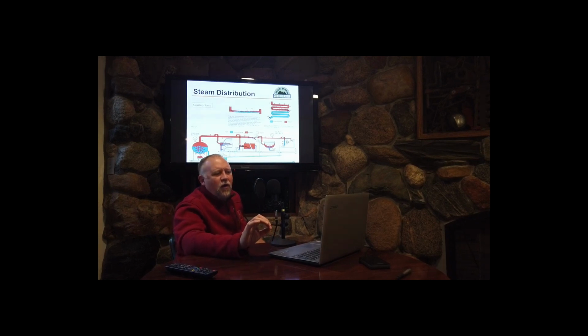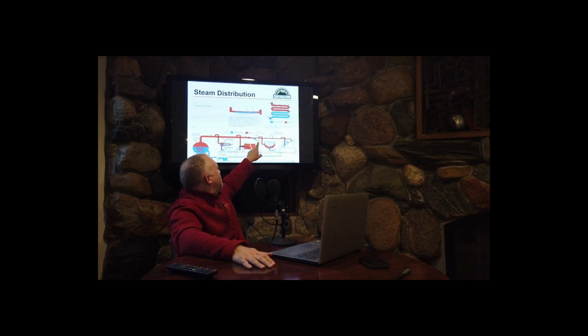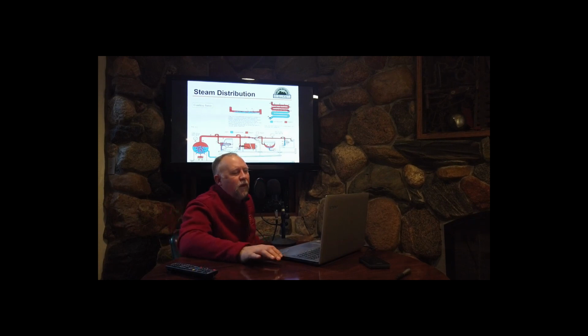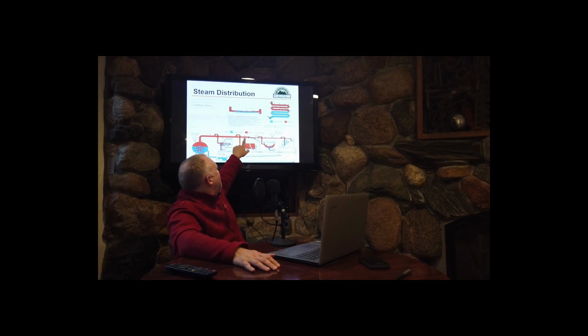If they are overloaded, in other words, let's say that we have more heat loss through that pipe wall than we expected, and in a long run of this, these steam traps would be located periodically, several of them, to drain the water out of the pipe. Let's say that they were overloaded for some reason. You might get a little bit of water in the bottom of this pipe.